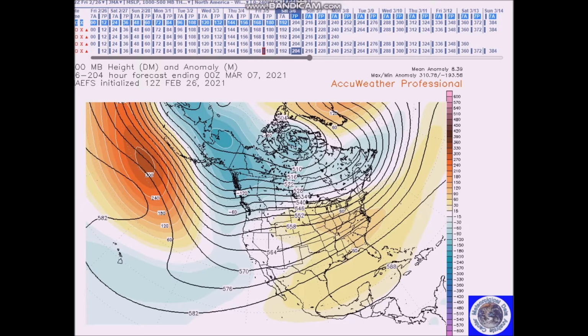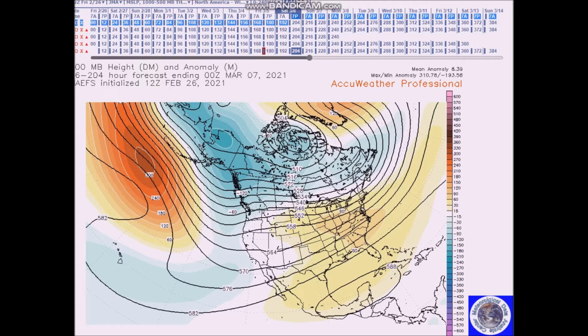For now, I'm kind of hesitant. I would say the forecast confidence during this period would be low to moderate, because there is a chance that there could be colder air and stormy to begin this time in March.